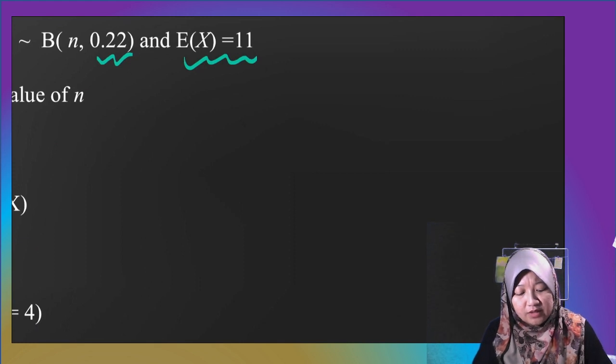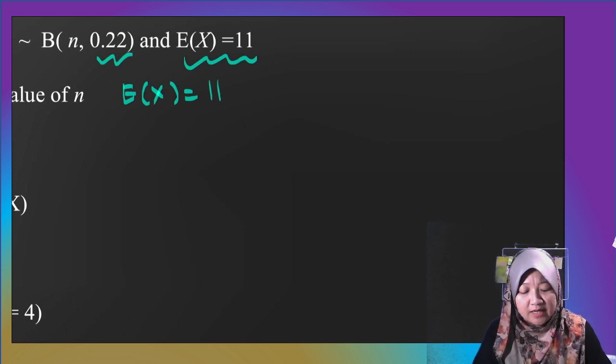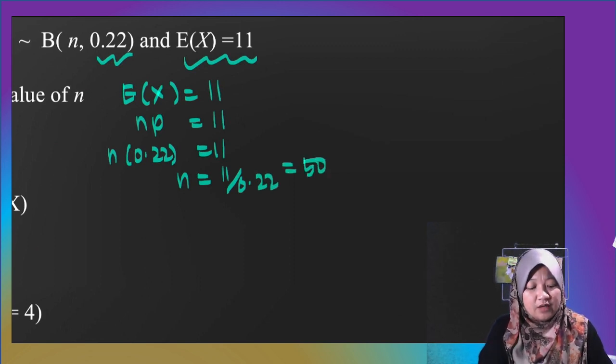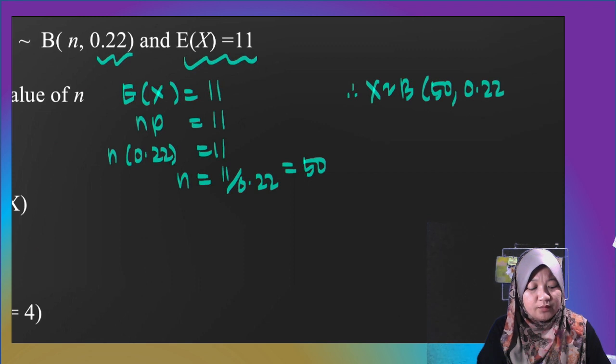So, kita tahu EX equal to 11. And we know that EX is NP. And we have P is 0.22. So, N is 11 over 0.22. We have 50. Therefore, X is distributed binomial 50, 0.22.